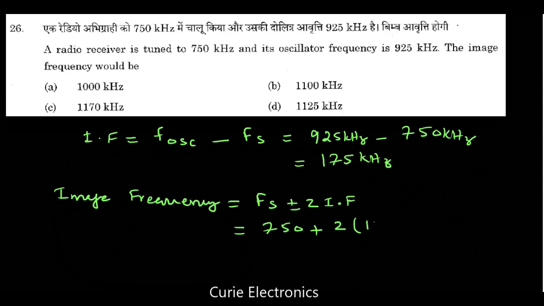We get 1100 kHz. Do we have it in the answers? Yes, we have 1100 kHz. Option B is the answer. So here we should know how to find the image frequency.